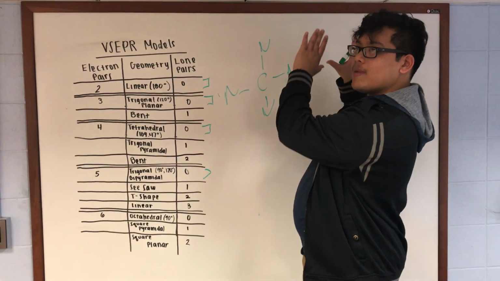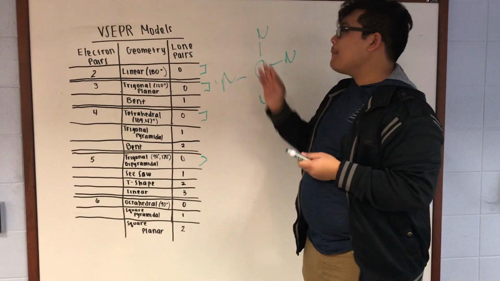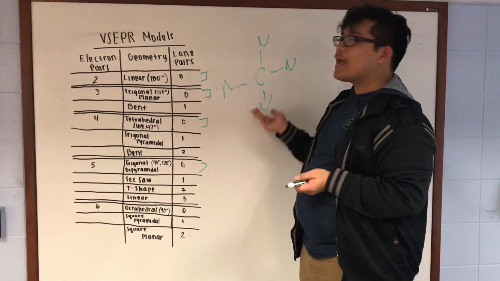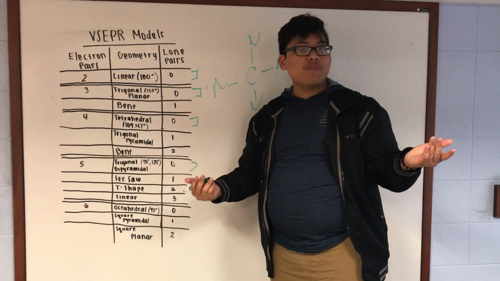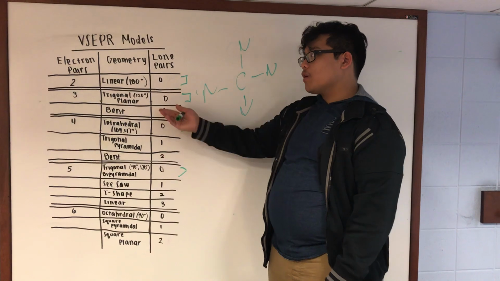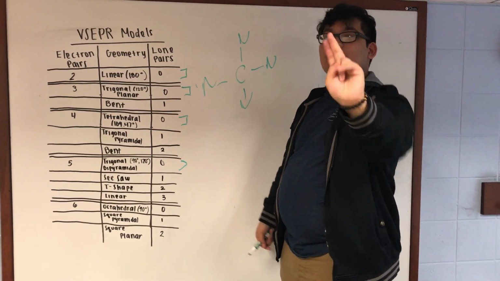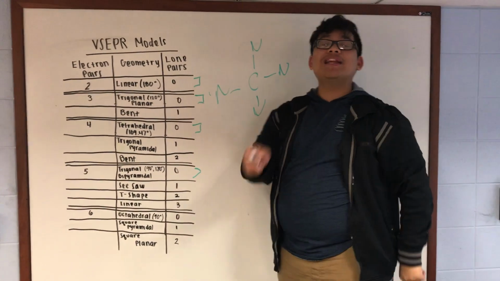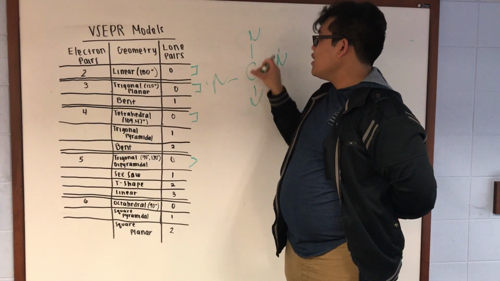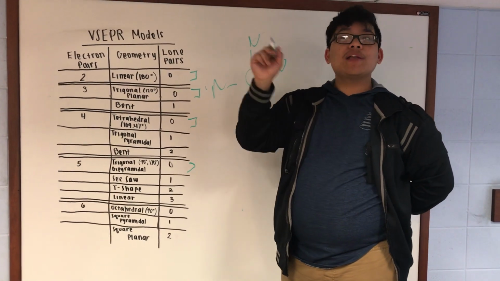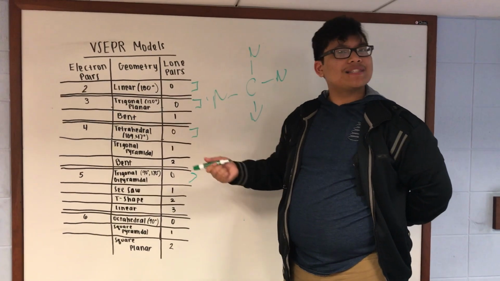Right now we need to determine the electron geometry, so let's look at electron pairs. How many electron pairs does this CN have? 1, 2, 3, 4. What do you call a shape with 4 pairs? Tetrahedral. Now we have to look at the second part, the molecular geometry: how many lone pairs does this shape have? The way I drew it, there are no lone pairs. So the electron geometry and the molecular geometry are both tetrahedral, as weird as it sounds.